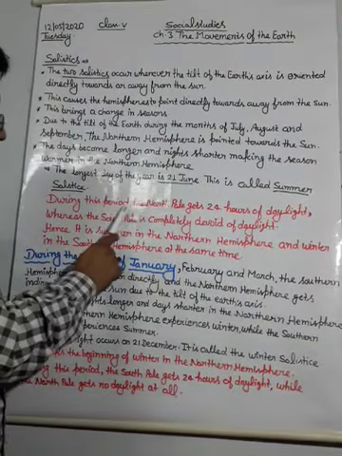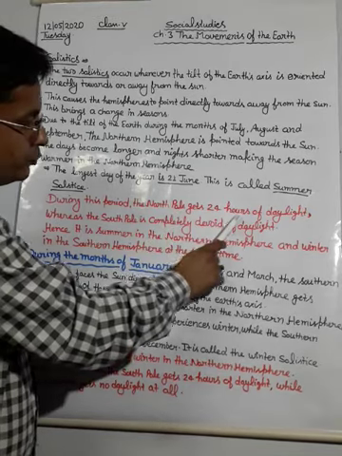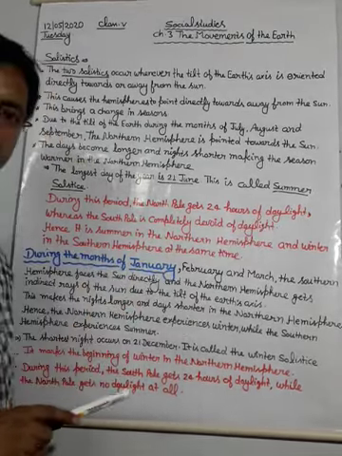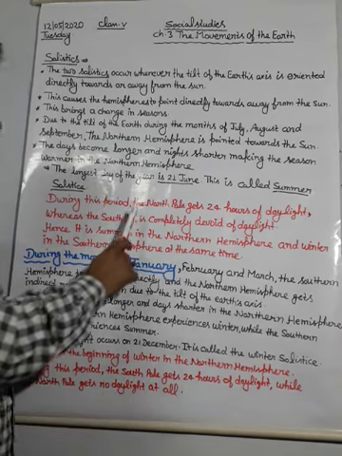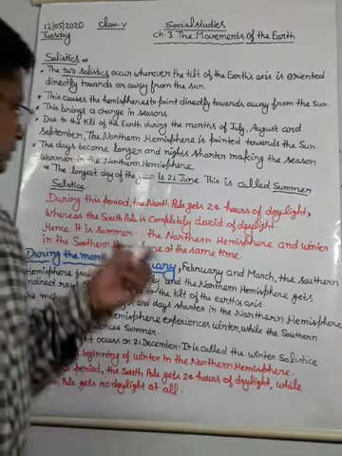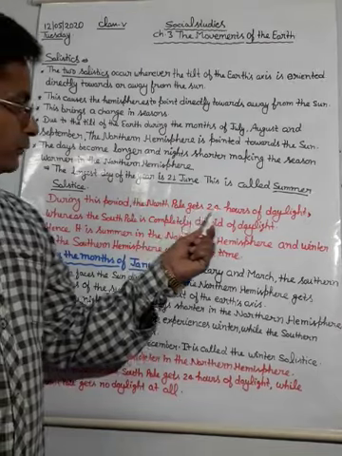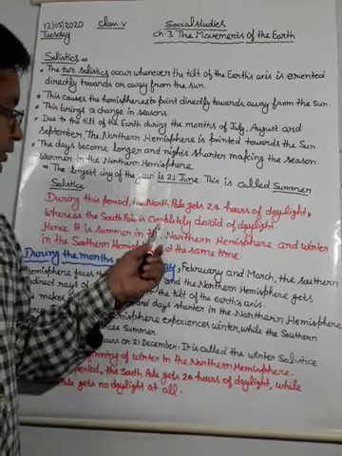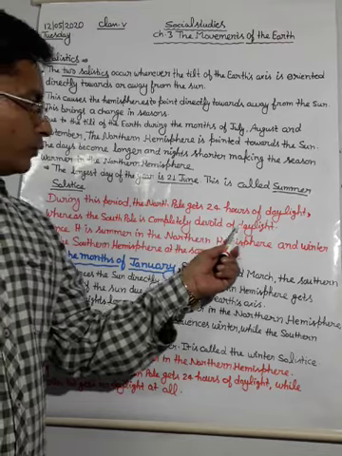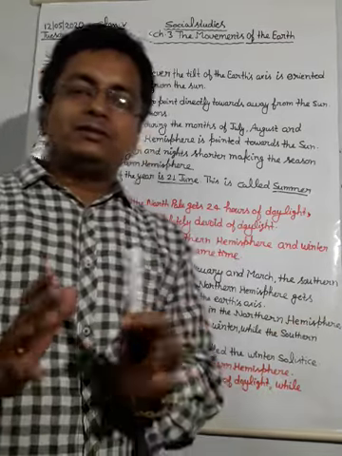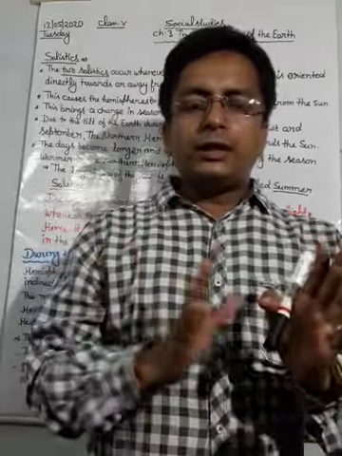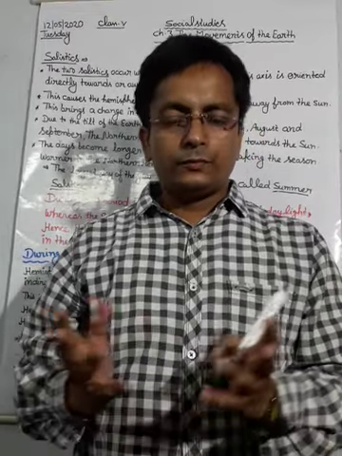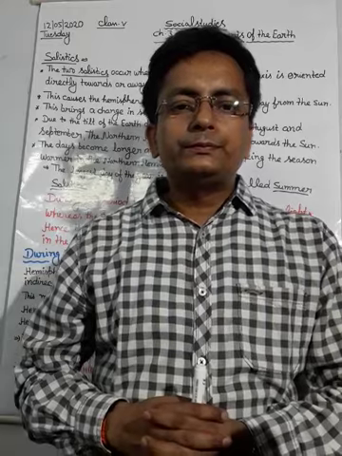During this period, the North Pole gets 24 hours of daylight, whereas the South Pole is completely devoid of daylight. Means 6 month day and 6 month night on the poles.